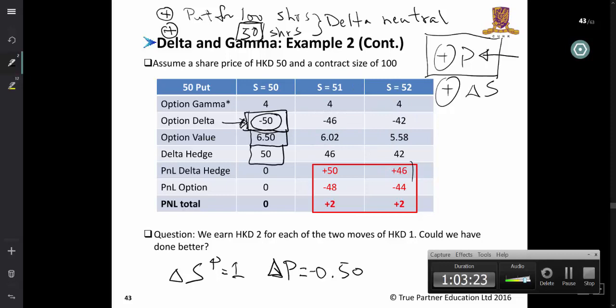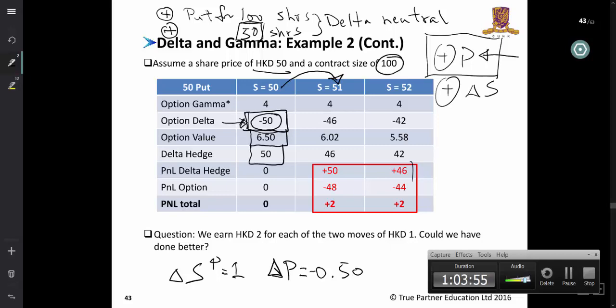So a contract size of 100, and the share price is $50. And then they talk on a per share basis. Now, look what happens when the share price goes from 50 to 51.